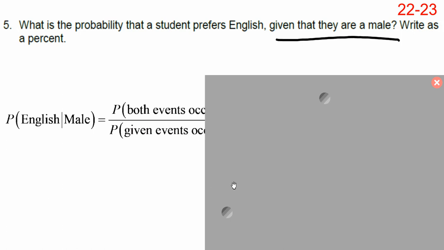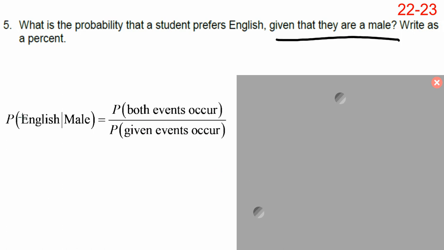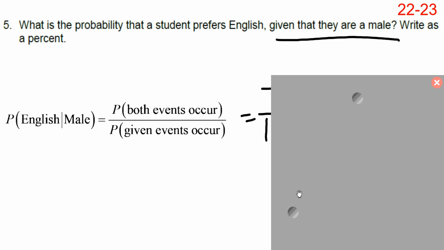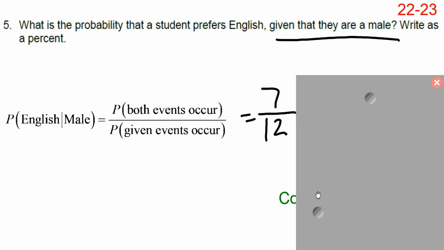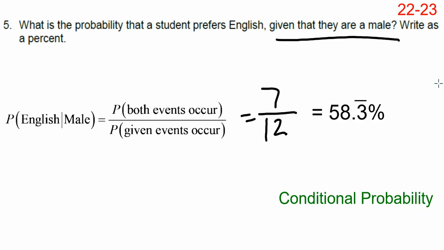So probability-wise, remember, this is what the notation means, right? Find the probability of the students that prefer English given that they are males. So for us, that ended up being 7 out of 12, which is 58.3 repeating percent. So it's 58 and 1/3% chance that this occurs. Again, conditional probability. Given that they were males, what were the chances that they preferred English?